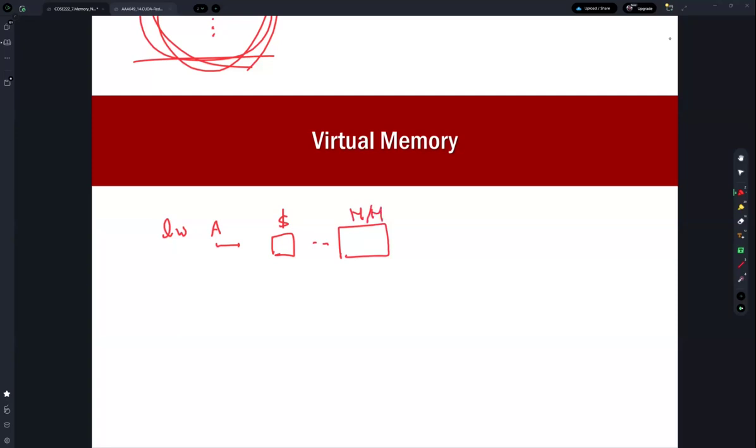And we defined that load word just fetches data in main memory into the register file, right? That's what we learned until now.